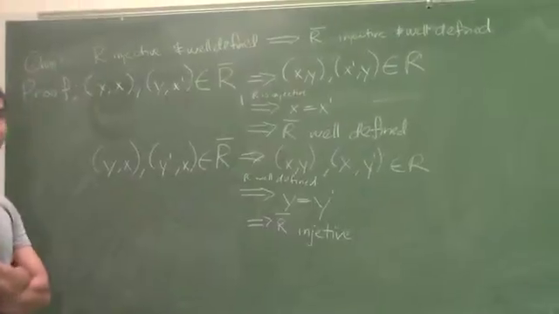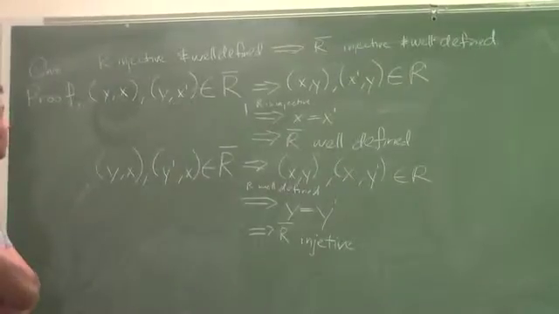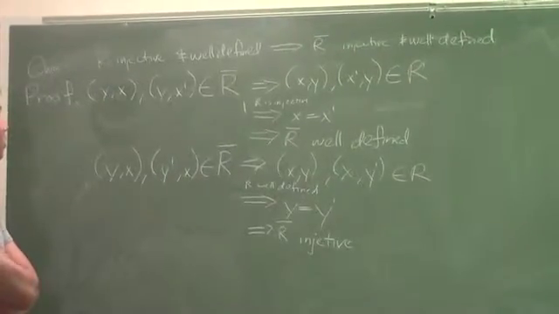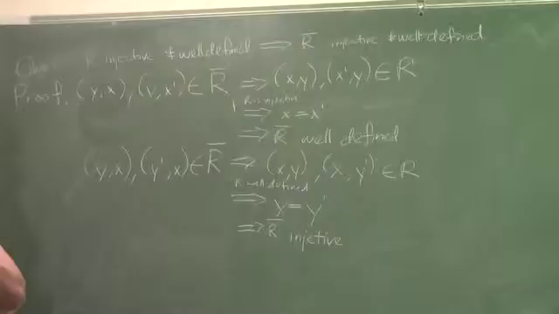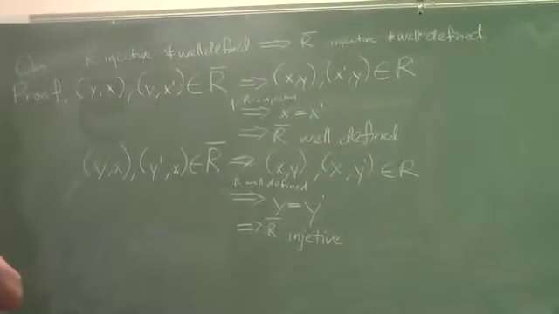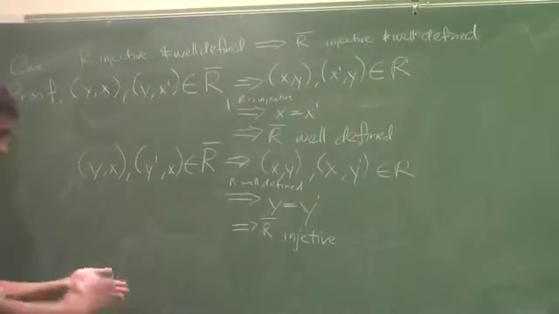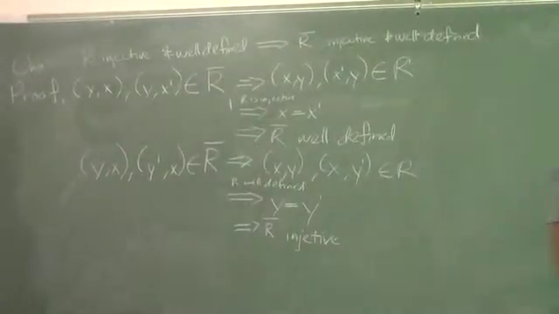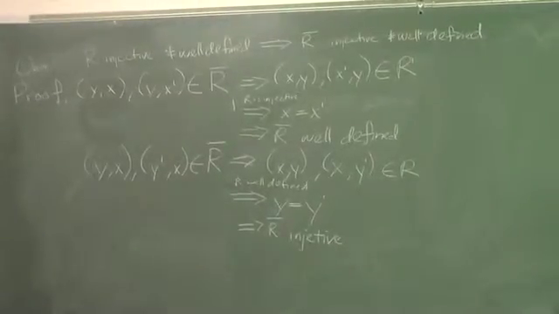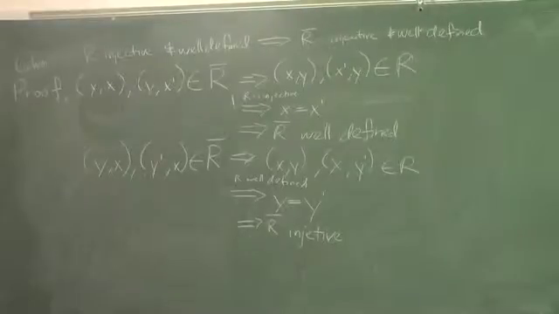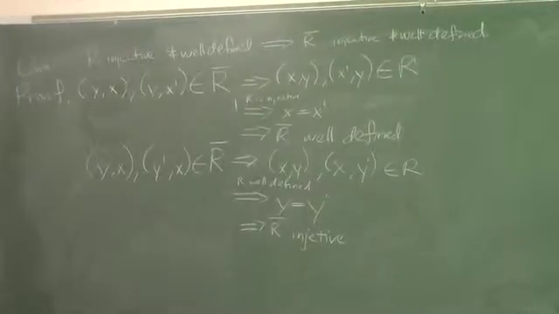You can say that R double bar is R. So if the situation goes from R to R bar, then it goes from R bar to R double bar, but R double bar is R. So without compromising your style, you can say the converse follows similarly.